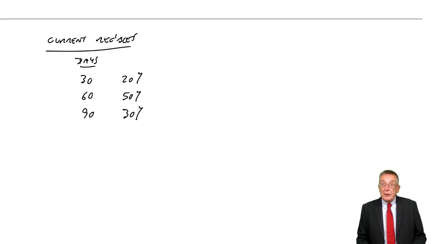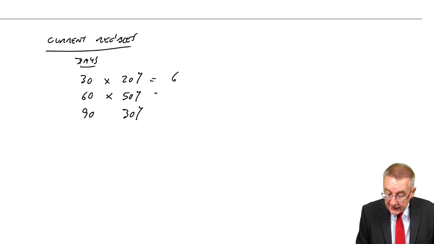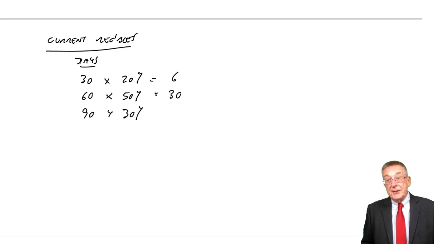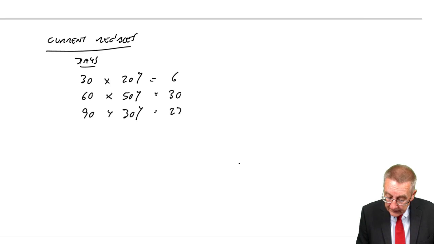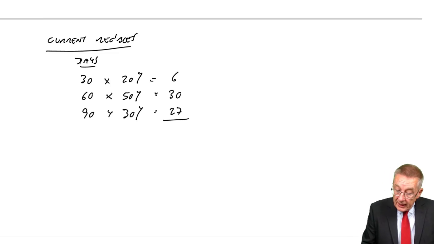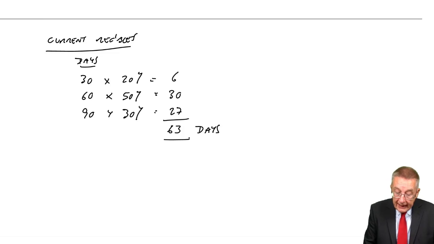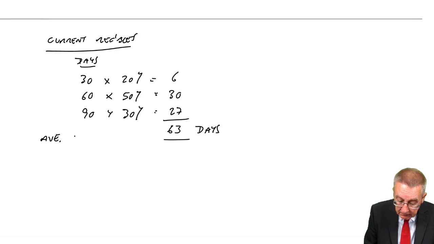And so for the average collection period, we'll take a weighted average. 20% of 30 is 6, 50% of 60 is 30, 30% of 90 is 27. And so on average, it's taking 63 days. There is the average collection period.